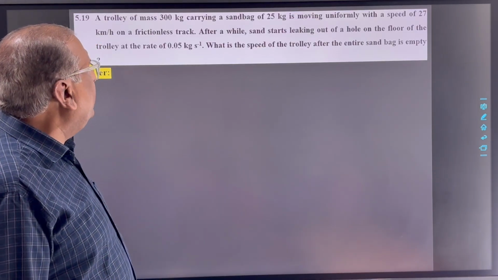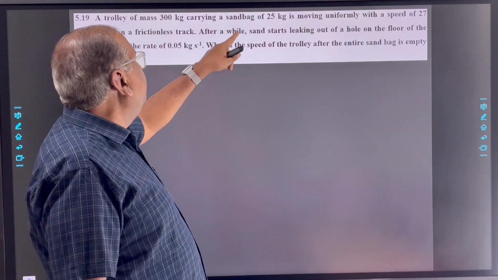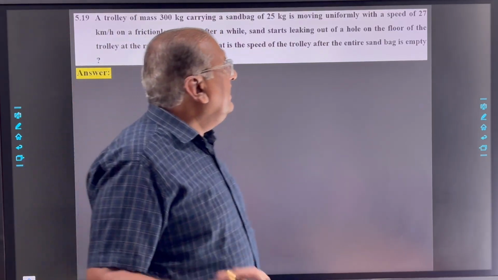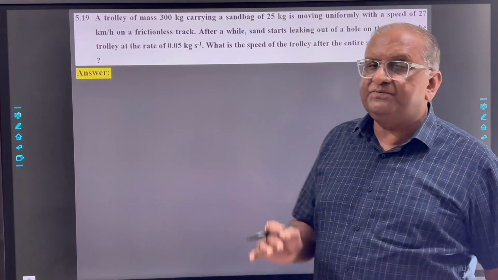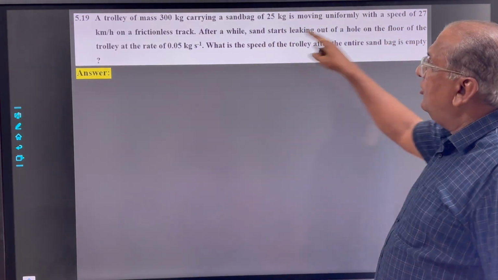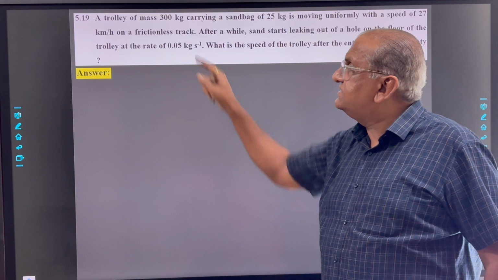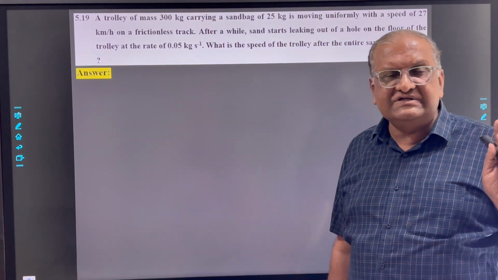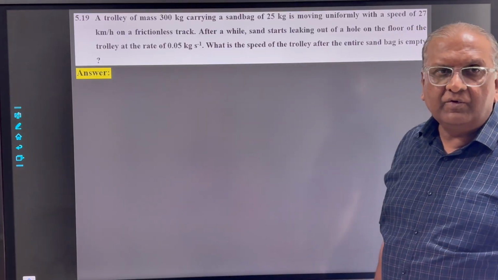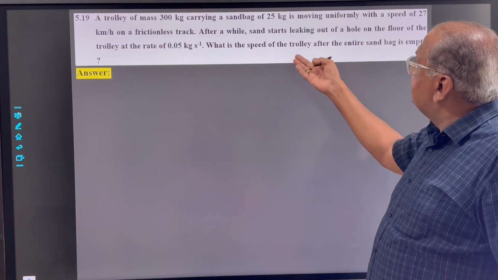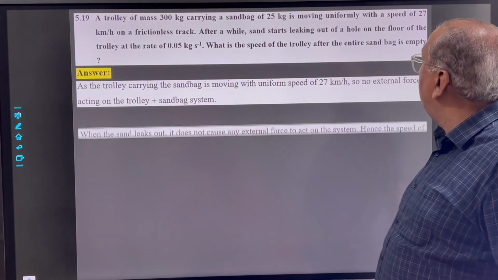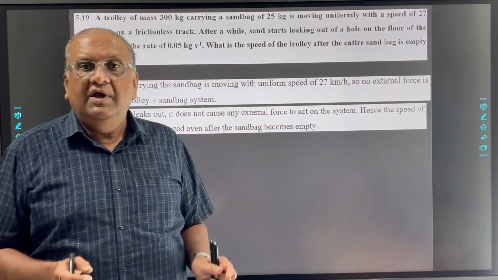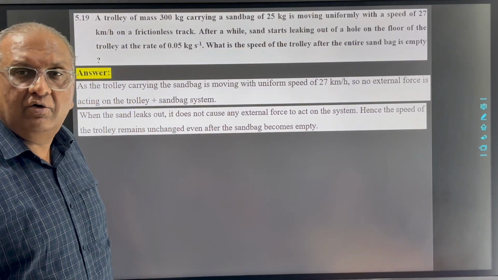So here, when the system, the trolley plus sandbag, is moving with constant speed 27 km per hour on a frictionless track, no external force is acting on it. And when sand starts leaking out of the hole on the floor, also no external force is acting on it.